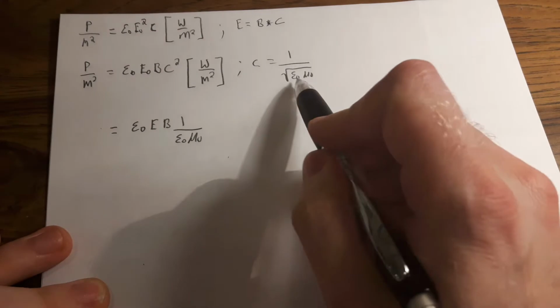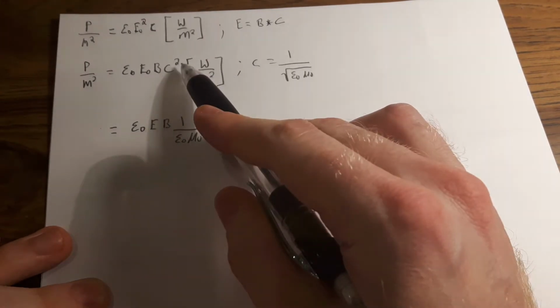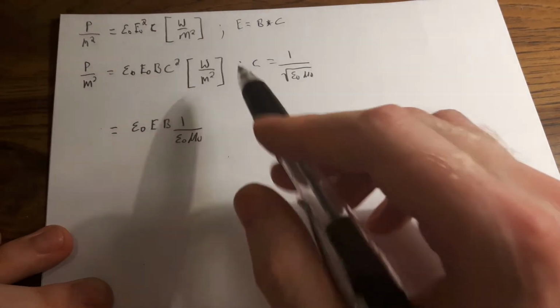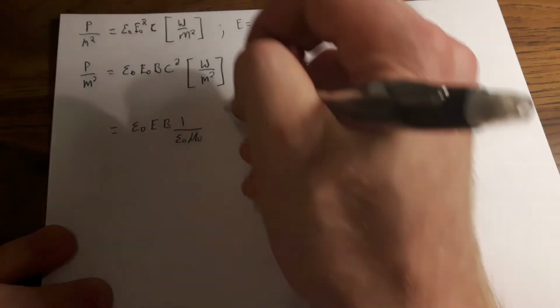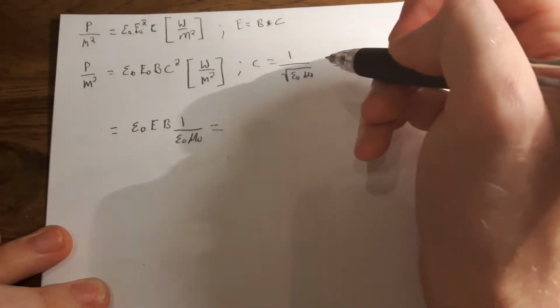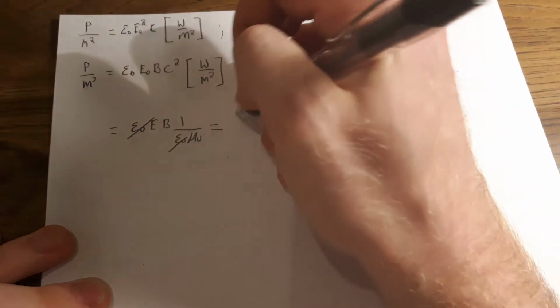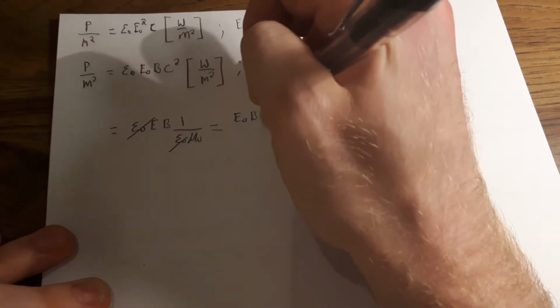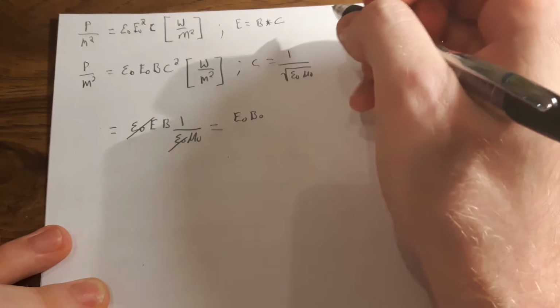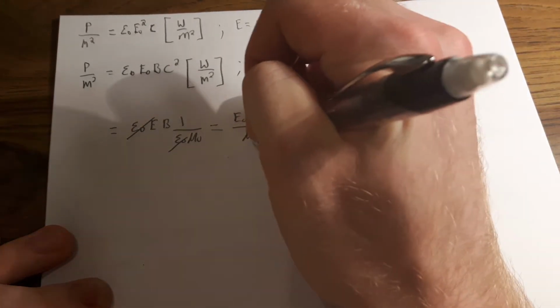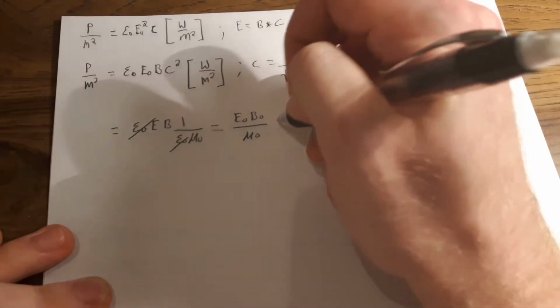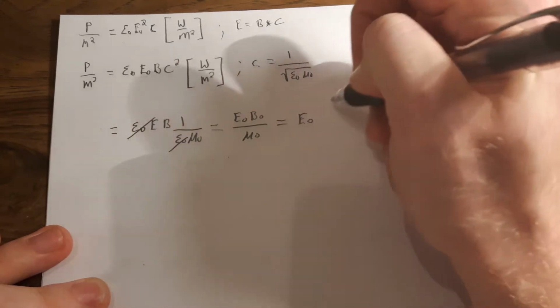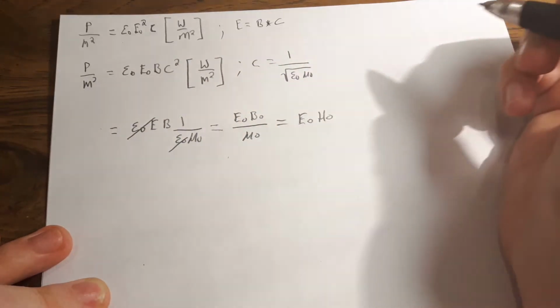And again, the radical is lost because C is squared. So this can be simplified to E naught B naught over mu naught, or E naught H naught.